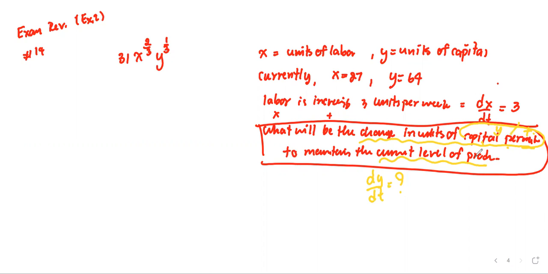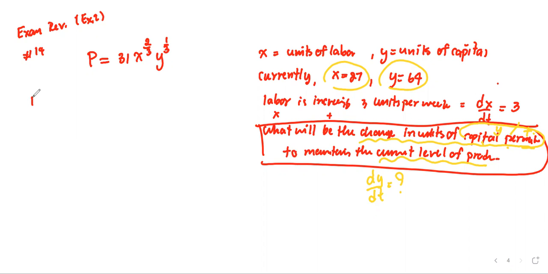The current level of production is when x is 27 and y is 64, or 27 units of labor and 64 units of capital. The overall picture for the Cobb-Douglas formula is the production level equals 31 times x to the 2/3 times y to the 1/3.